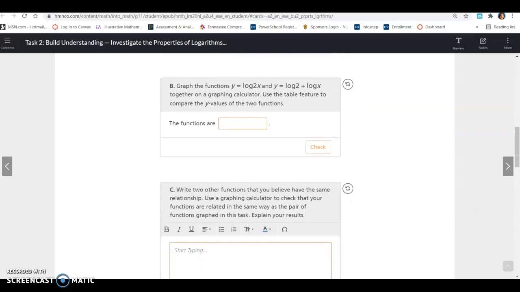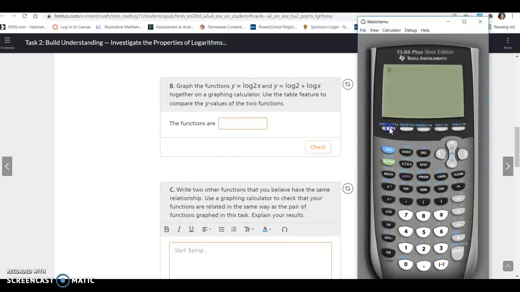All right, it says graph the functions together on a graphing calculator. Use the table feature to compare the y values of the two functions. All right, so if we graph these, go to y equals, and let's graph log of 2x. And then scroll down and let's graph log of 2 plus log of x. All right, when we hit graph, okay, I'm only seeing one function, so it's probably the same.